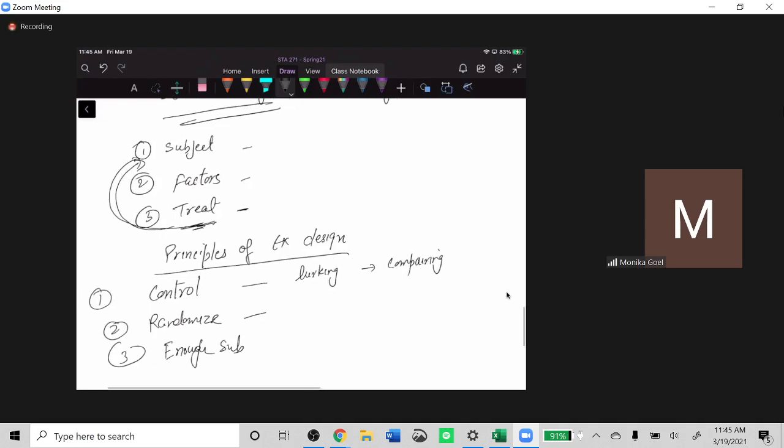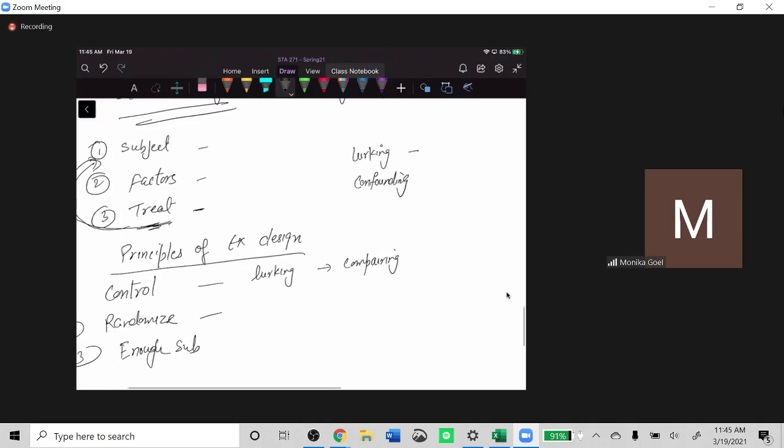We discussed what a lurking variable is, what a confounding variable is, and how they are different. Lurking variables are the hidden variables. They are neither in your X nor in Y, but they are influencing your response variable. Confounding variables are your mixed variables.